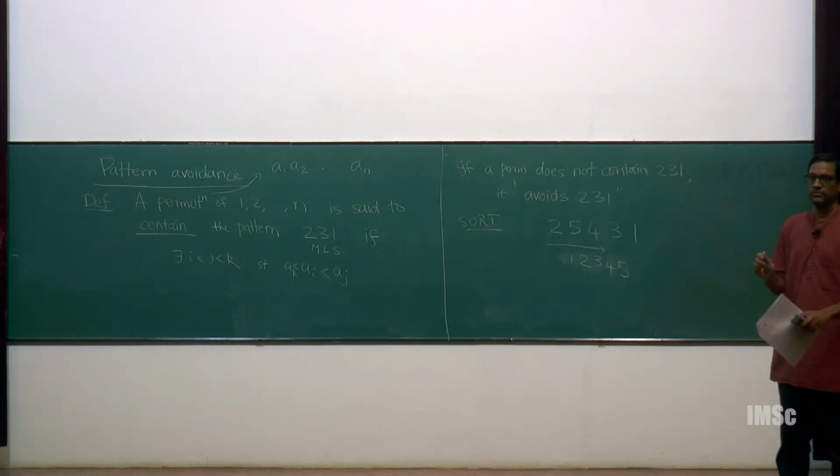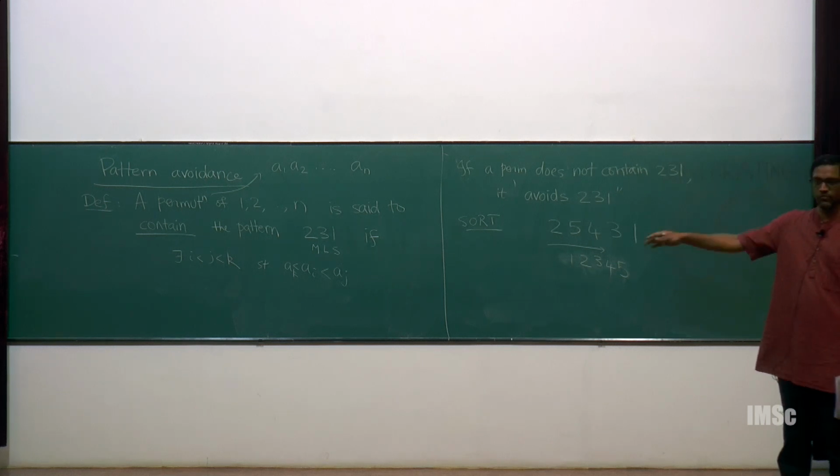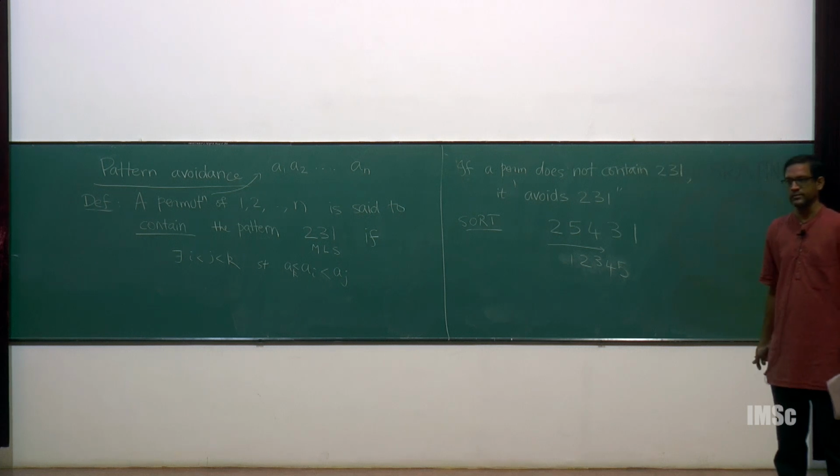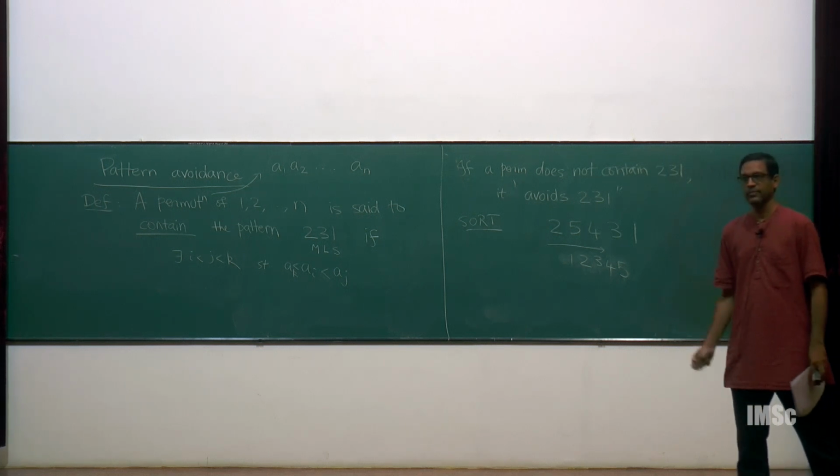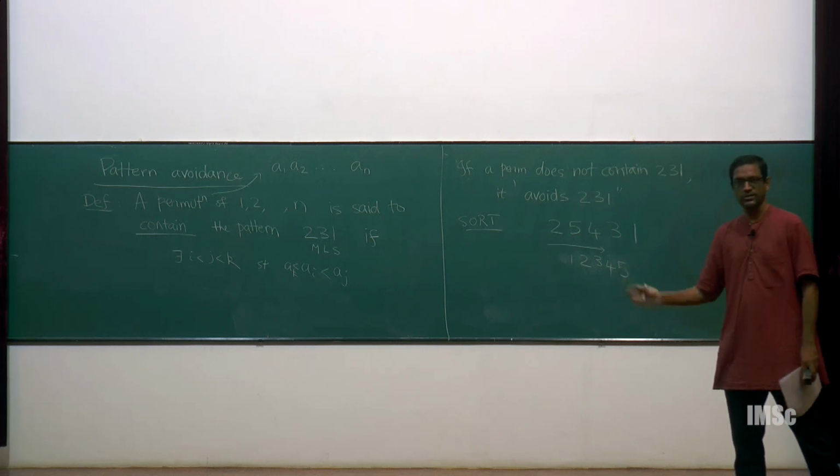So for instance, if your permutation was 1, 2, 3, 4, 5, the thing that's actually in order, how many swaps would you make? 0. You would never end up having to make a swap. You would make passes, but not a swap.